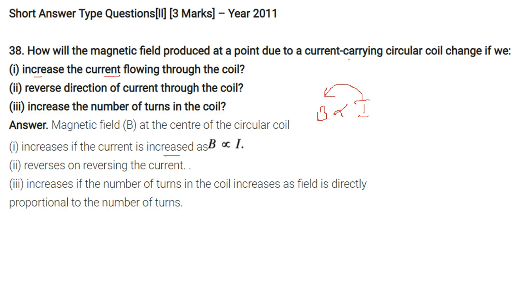On reversing the current through the coil, the direction will reverse. And if you increase the number of turns in the coil, the field will increase, as the field is directly proportional to the number of turns in the coil.